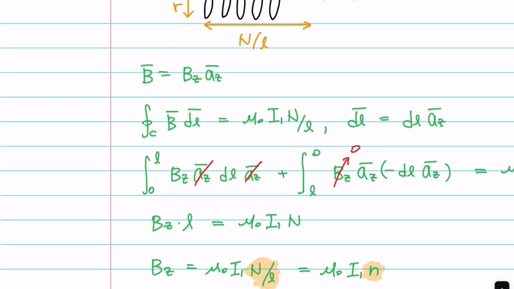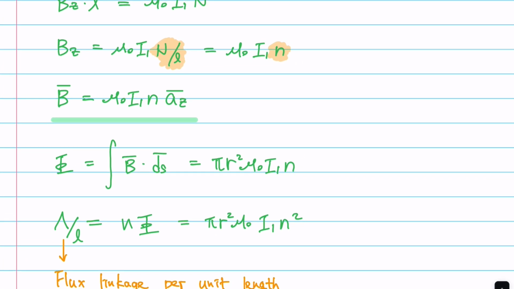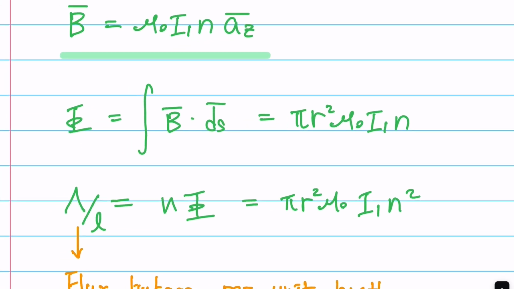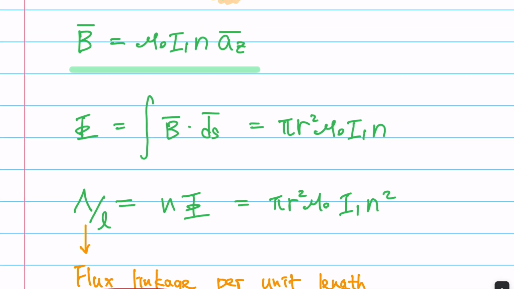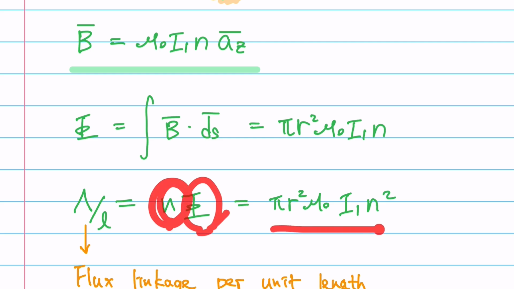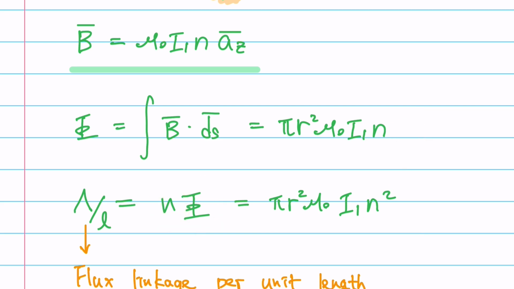So the next step is to calculate the flux linkage per unit length, and therefore you need to multiply the flux with the number of coils per length. That gives you this equation. You simply multiply n over here and you get this equation. So this is the flux linkage per unit length.